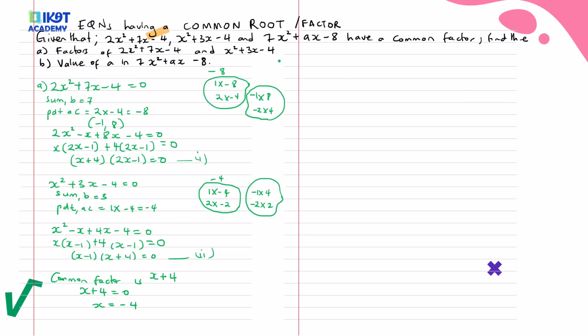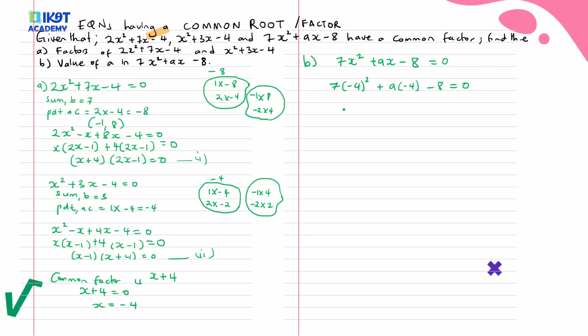The next part is asking us to find the value of a in this equation, 7x squared plus ax minus 8. We know that the common root is negative 4, so we can equate this to 0. If this is a common root, that means if you substitute it into this equation, it should give 0. So 7 into negative 4 squared plus a into negative 4 minus 8 equals 0. What is 4 squared?